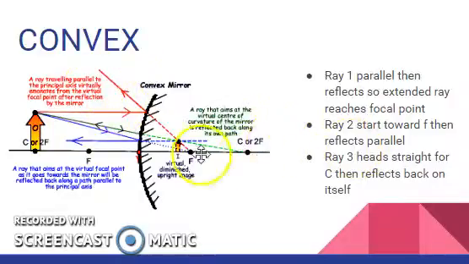Ray 2 starts down towards the focal point, and then reflects parallel. So this is the actual line parallel. This is just the direction it would have been headed. Ray 3 heads straight for the center of curvature and then reflects back upon itself. So 3 is right there.